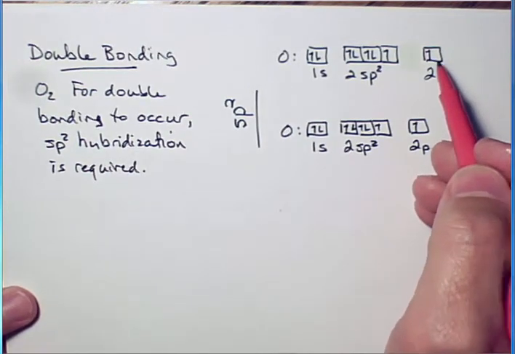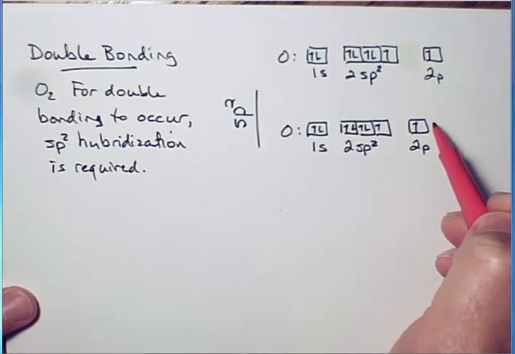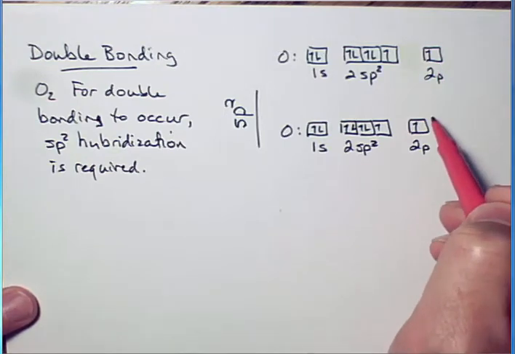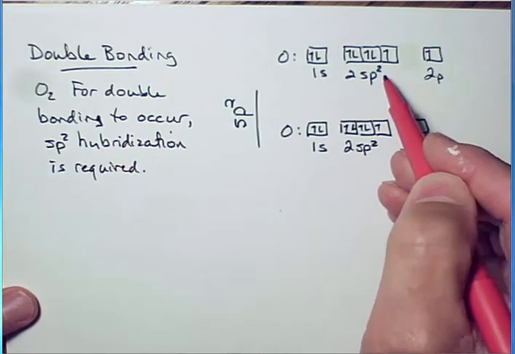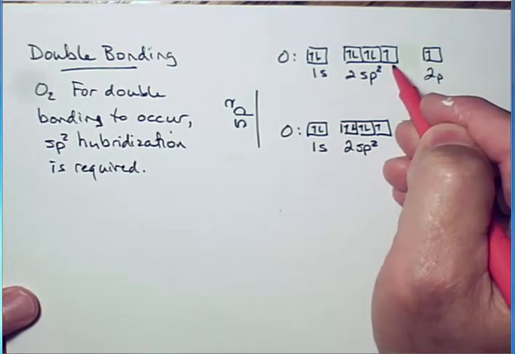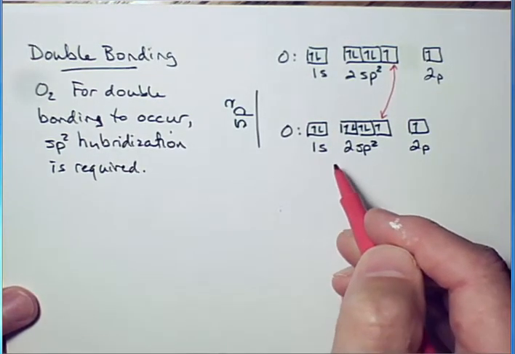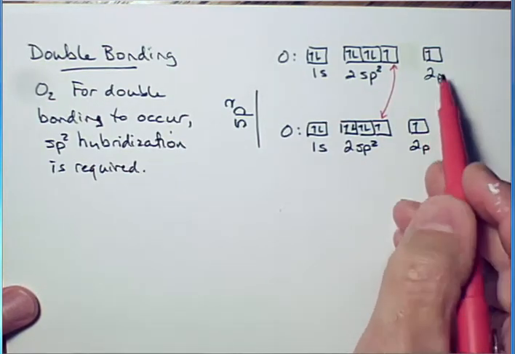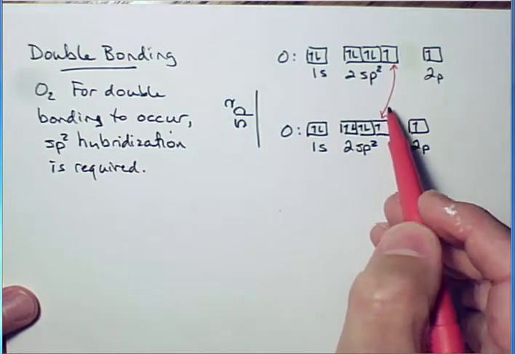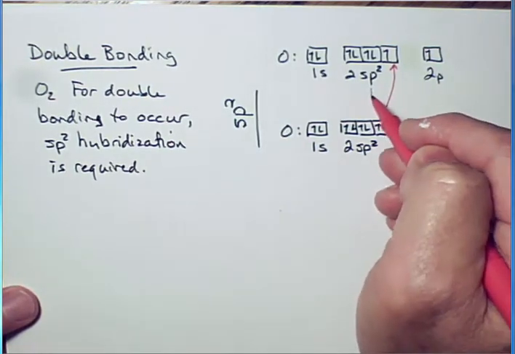Before these unhybridized orbitals over here can share electrons, you have to have hybridized orbitals sharing electrons. So you could say these 2 orbitals have to bond first. That's not really what happens, but you can't do the second bond unless this one is also there.